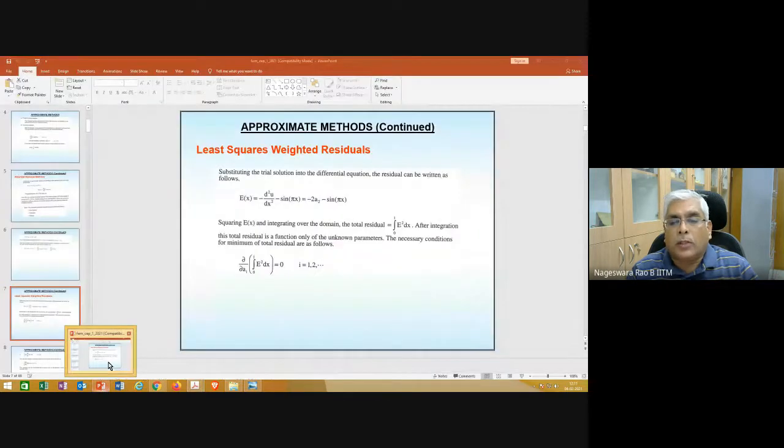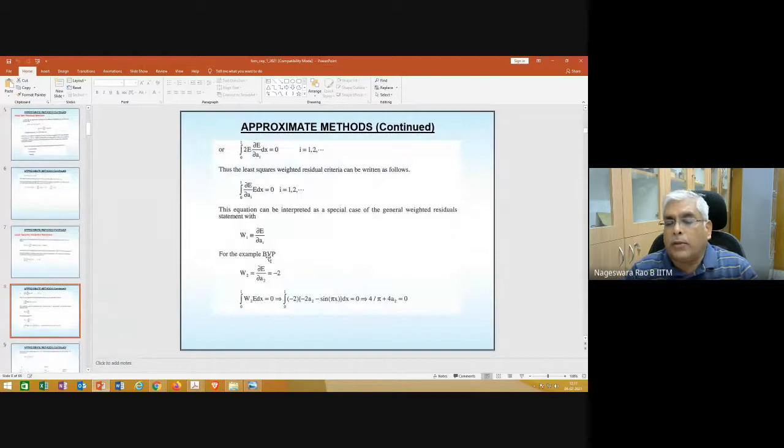So in the assignment problem, in addition to the domain residual, you are going to have a boundary residual.